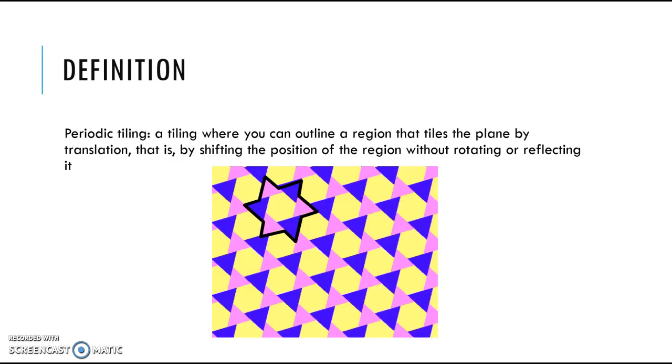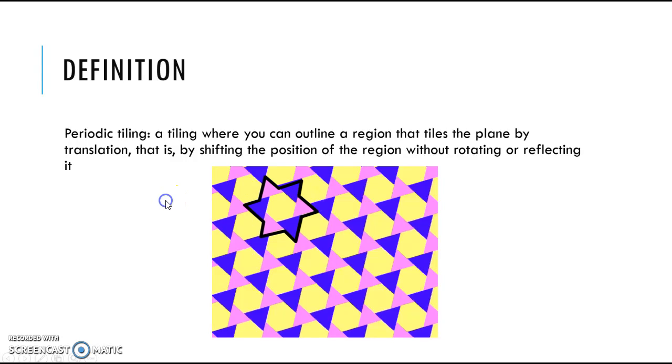All right, the first definition we have is called a periodic tiling. This is a tiling where you can outline a region that tiles the plane by translation, so we can shift this outline without rotating or reflecting it and get the same pattern that we have originally. So here you see I've outlined this star pattern with these triangles, best I could, obviously using PowerPoint.